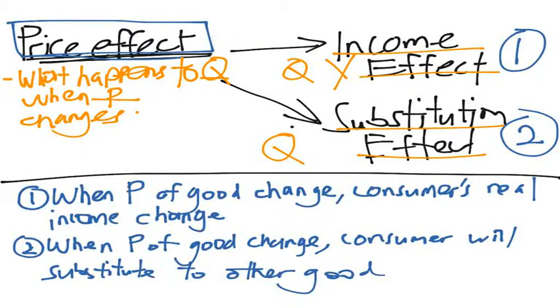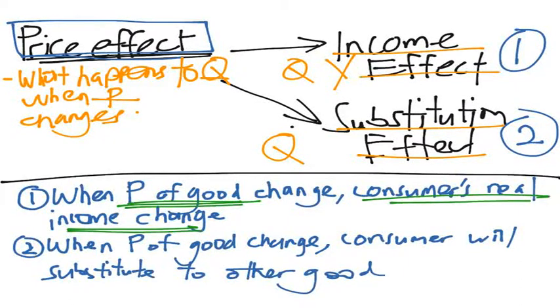Before we proceed, we need to know some basics. First of all, when the price of a good changes, the consumer's real income changes. An example: when the price of good X increases, the consumer's real income actually decreases. Why?